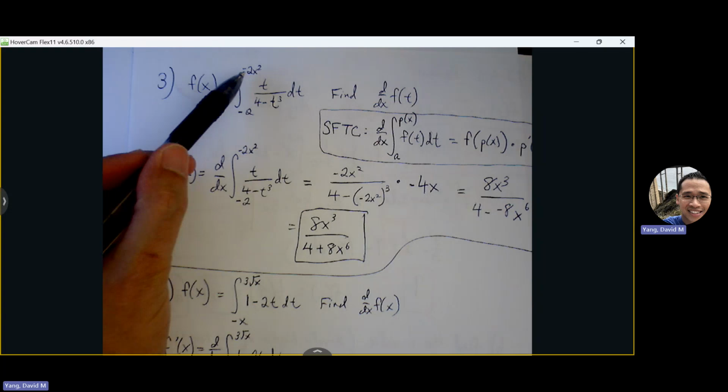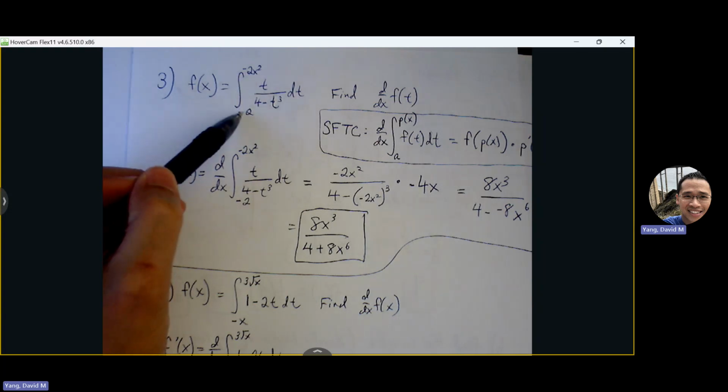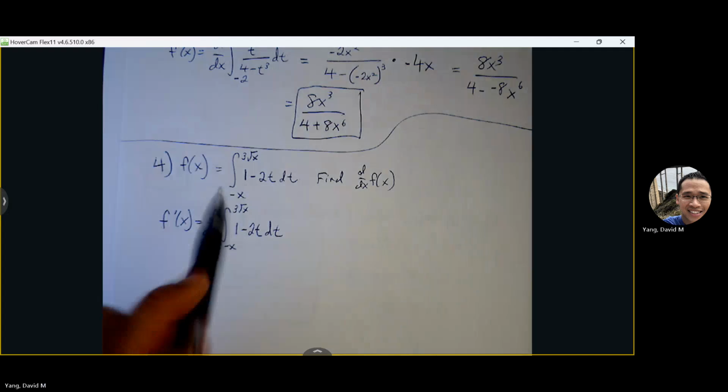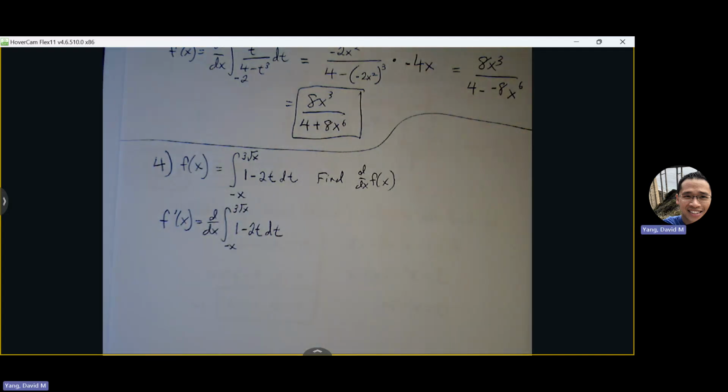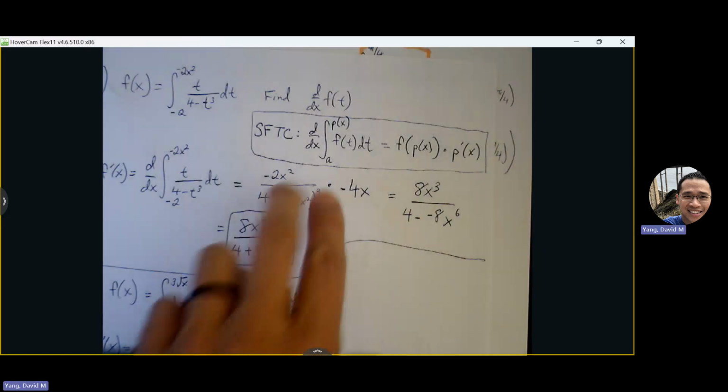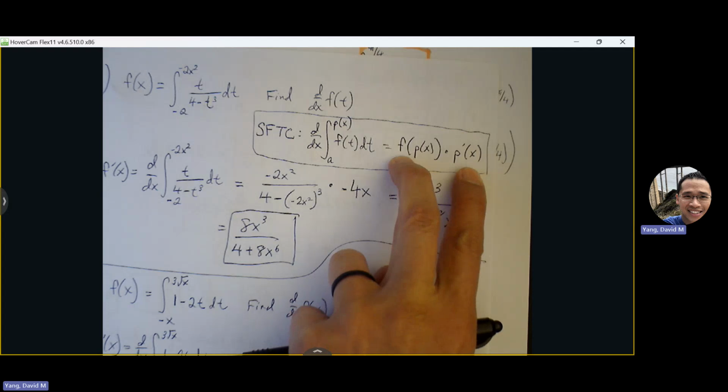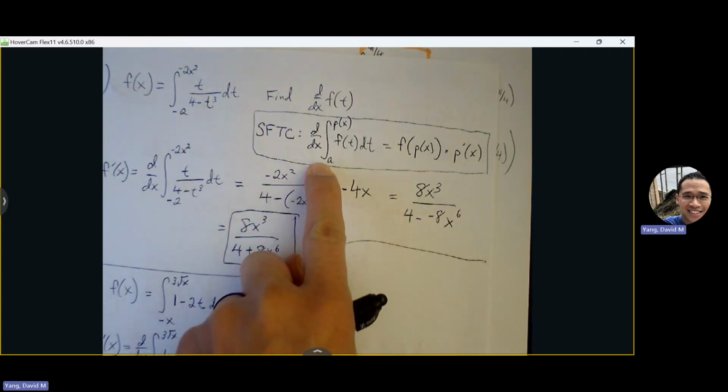So here, the upper bound is a variable, the lower bound is a constant. We know we can ignore the constant. But here, upper bound and lower bound are both variables. We know that they're both going to have a certain impact on the problem. This time, the lower bound is not going to disappear. So the second theorem is going to be applied with the lower bound as well.